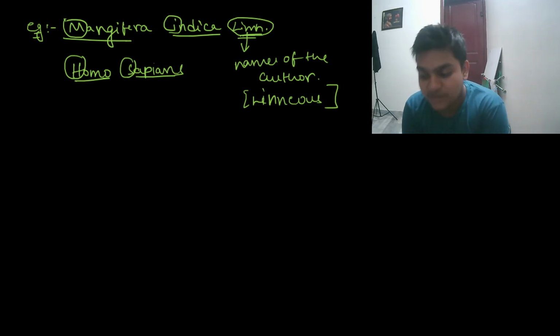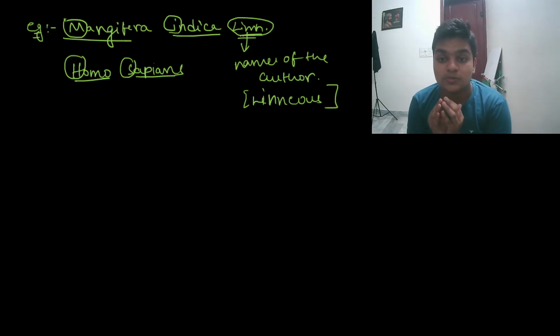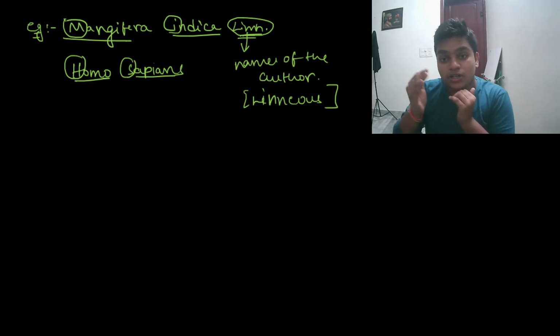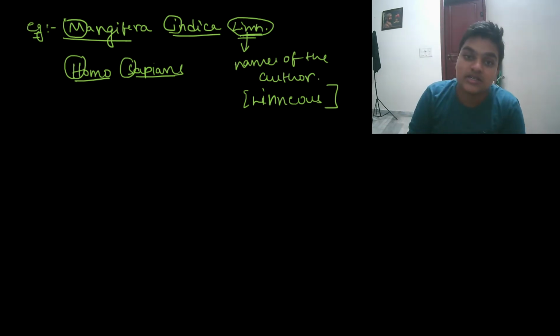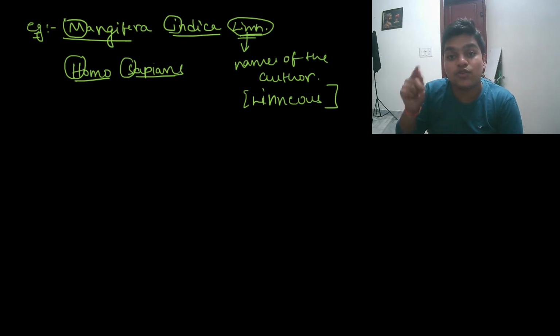Now we have a vast diversity of organisms. Nearly 1.7 to 1.8 million species are present on the earth. To study each species separately is literally an impossible task. You would have to take one species, study its features, note it down, put it back, and take another species, 1.7 to 1.8 million times.